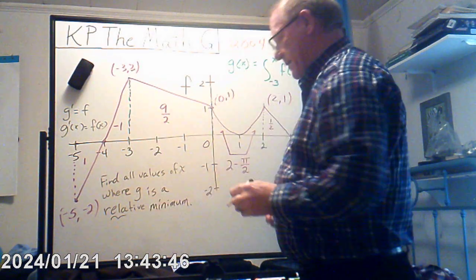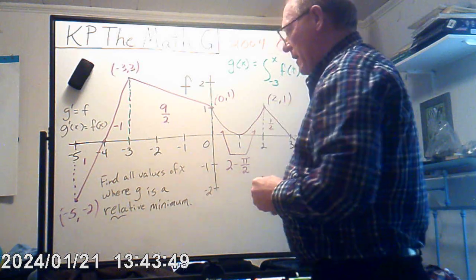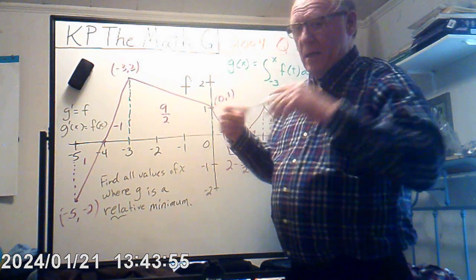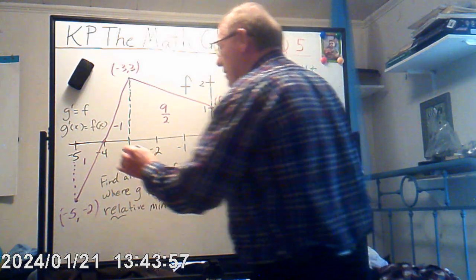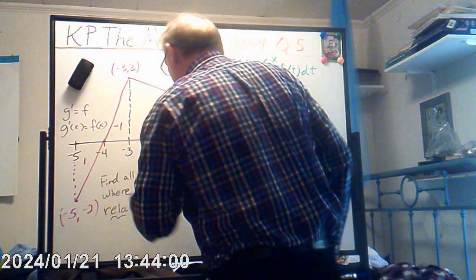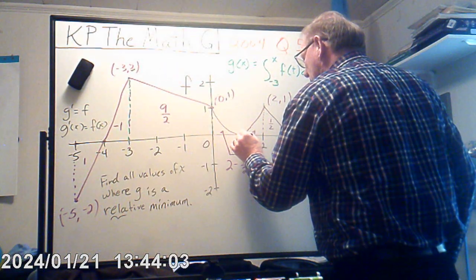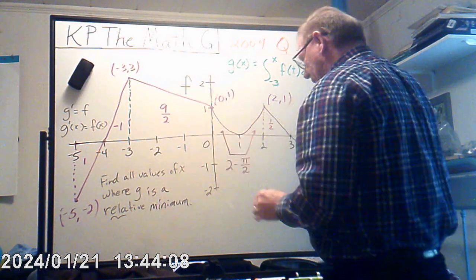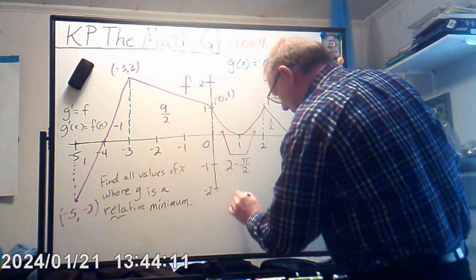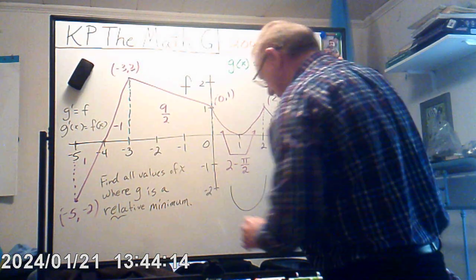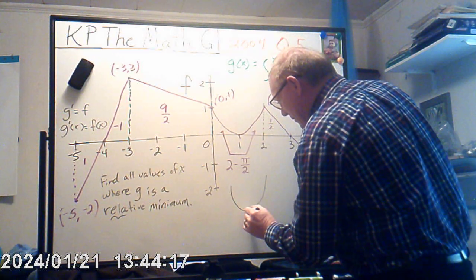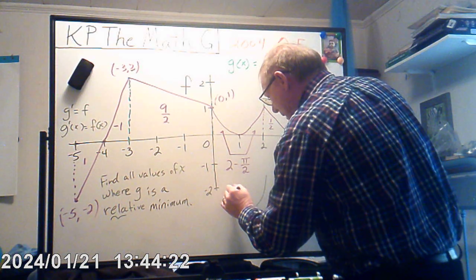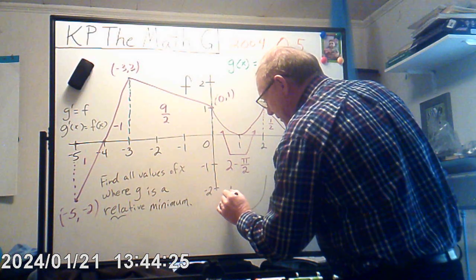So I want a relative minimum. To find a minimum, we're looking for places where the graph intersects the x-axis. If it's a minimum, it's going to be like this, where the vertex is a min. Let's call this function h.